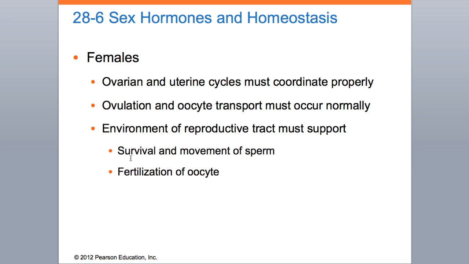Then, let's say the sperm make it up to the fallopian tube, but the fallopian tube is blocked by scarring, because of some illness or injury or whatever, and the sperm can't make it there. All right, let's say it's fertilized, but the egg doesn't get a chance to implant because the endometrial lining is somehow not ready for implantation. So there's many, many possible things that can go wrong, and most often it's the female. Okay, next slide.